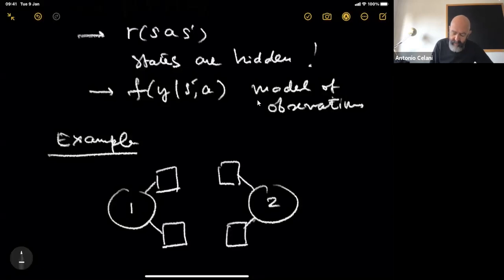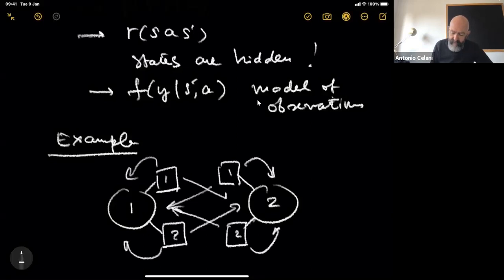I can put names to these actions, but it doesn't really matter here. And then these actions can have, of course, only two possible outcomes. So either they send the system in itself, or send it to the other state. Okay, and for each of these arrows, there are probabilities and rewards issued.